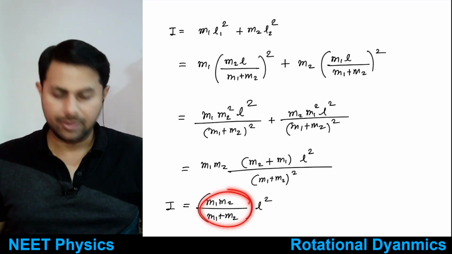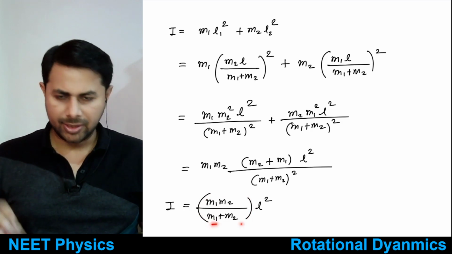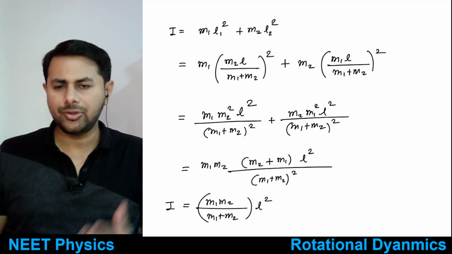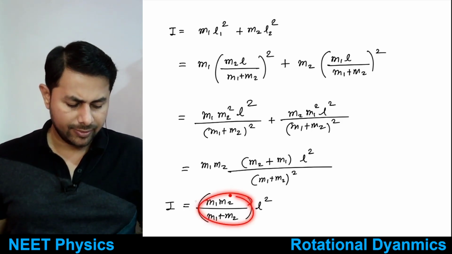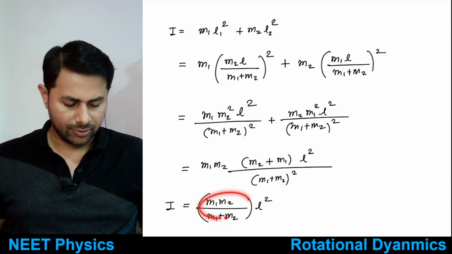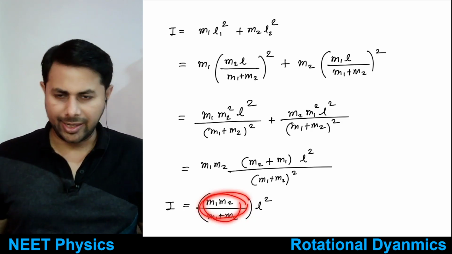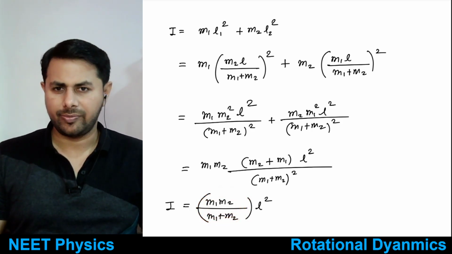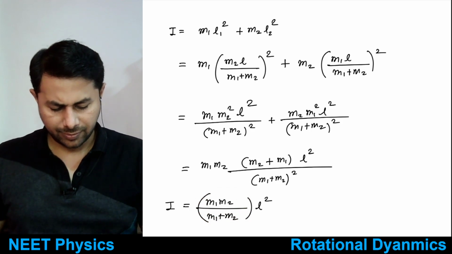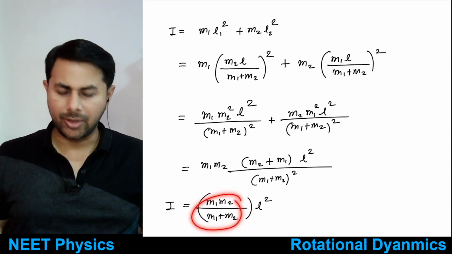And this thing, m1 m2 divided by m1 plus m2, we call the reduced mass. We saw this in the case of collision also, right? We discussed collisions, and then also this term came. So this thing is known as the reduced mass of a system, m1 m2 upon m1 plus m2.